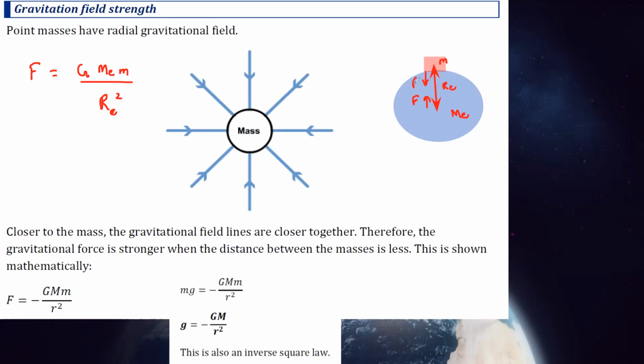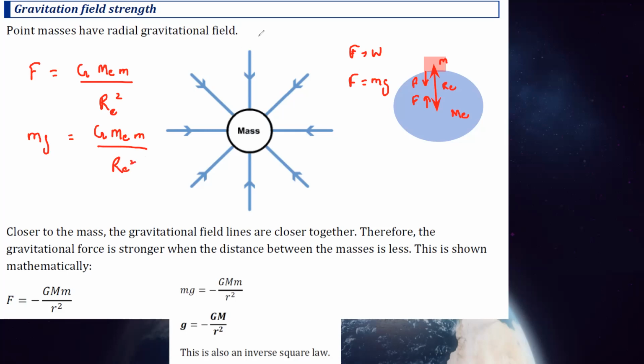So this force is F. For the object, this force also refers to its weight. The force by which the Earth is pulling the object towards its center is also known as weight. So for this object, force is equal to weight, and weight is mg. So in place of F, we can substitute mg. So we can write mg is equal to G, the gravitational constant, times the mass of Earth, times the mass of the object, divided by the radius of Earth squared.